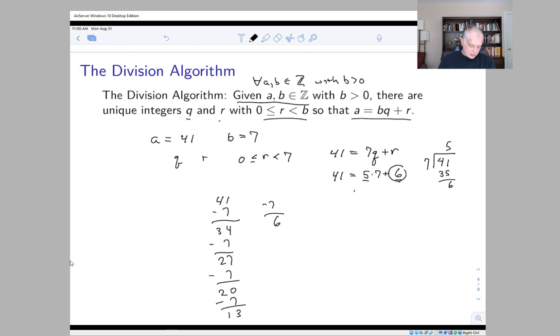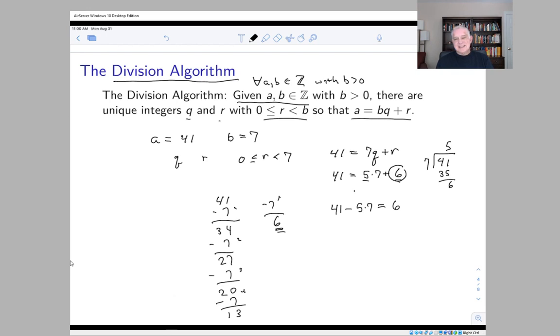So I subtracted 1, 2, 3, 4, 5 sevens from 41. And I got 6, and I can't subtract any more 7s from 6 or I would get a negative number, and my remainder is supposed to be bigger than or equal to 0. And this is an algorithm. That's why it's called the division algorithm. An algorithm is a procedure for finding q and r.